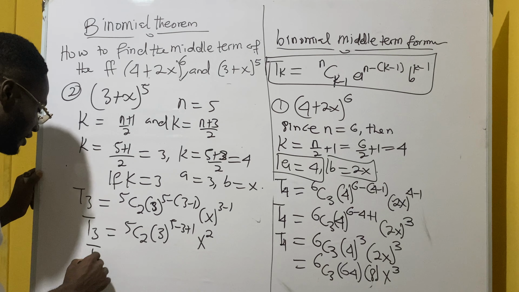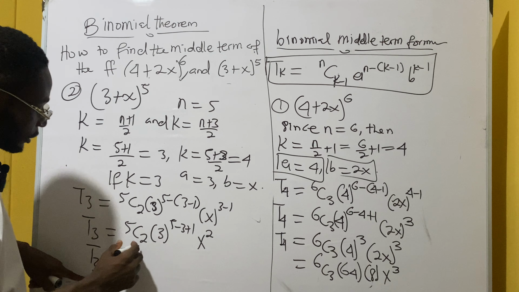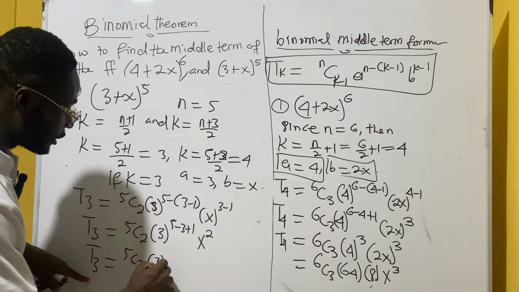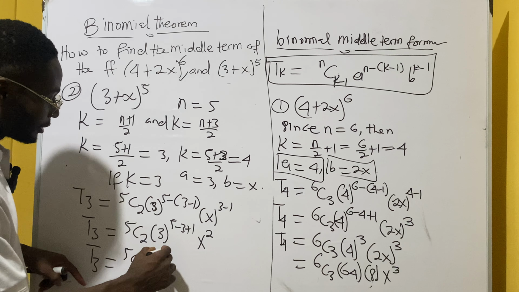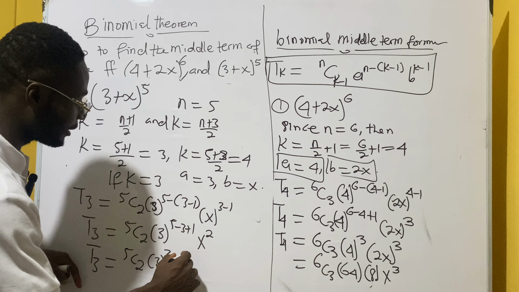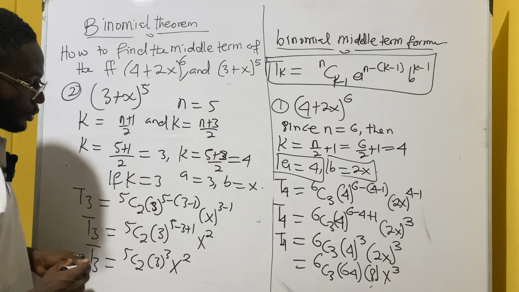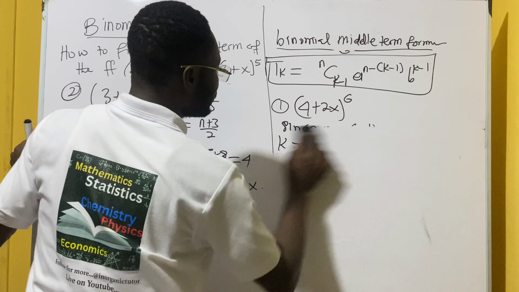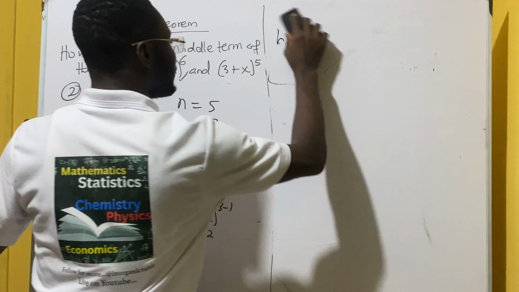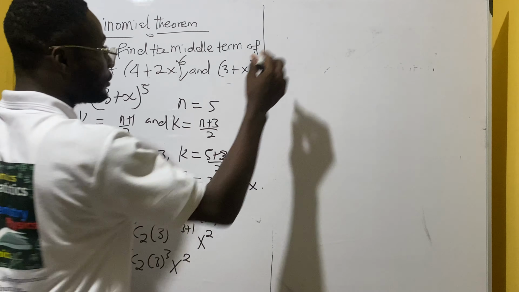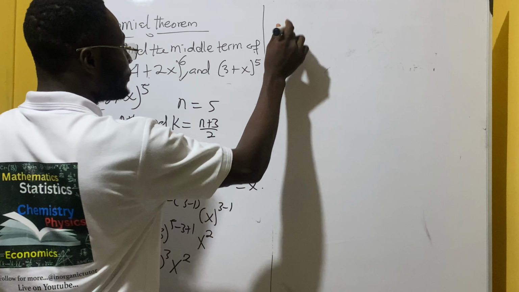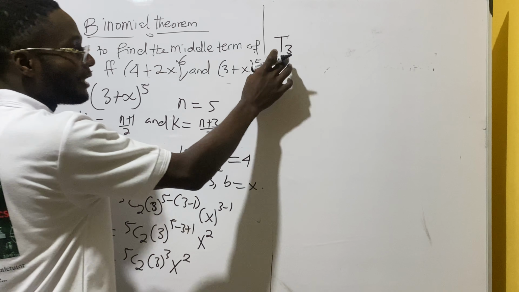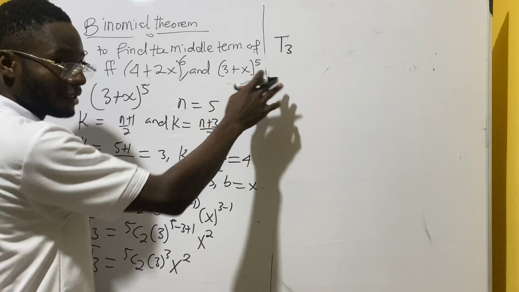So we have t subscript 3 equal to 5 combination 2 into 3 exponent 5 minus 3 plus 1, that's 3, then x exponent 2. That's the third term.